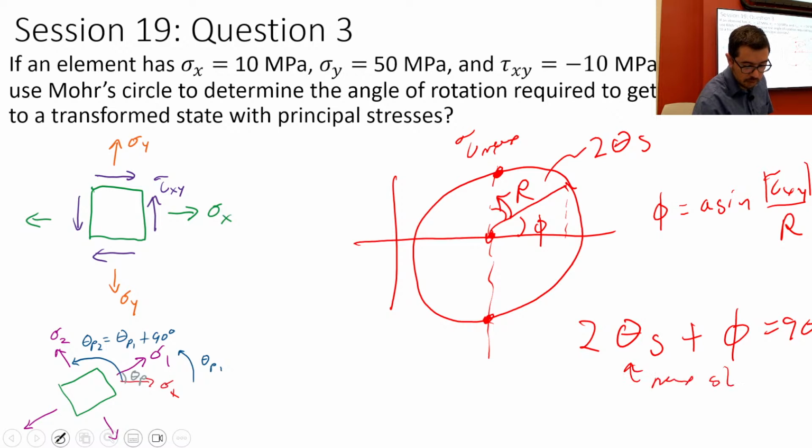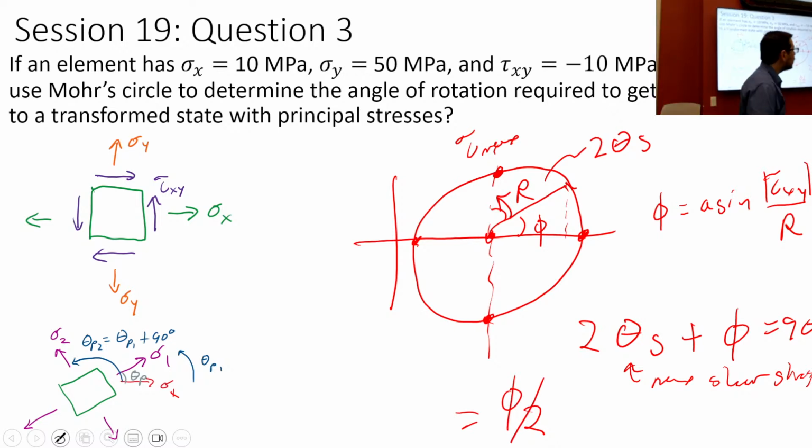But what we actually want is to rotate down to here. Sorry, guys. So I need to take phi divided by 2, and that will give us the angle of rotation. That we need.